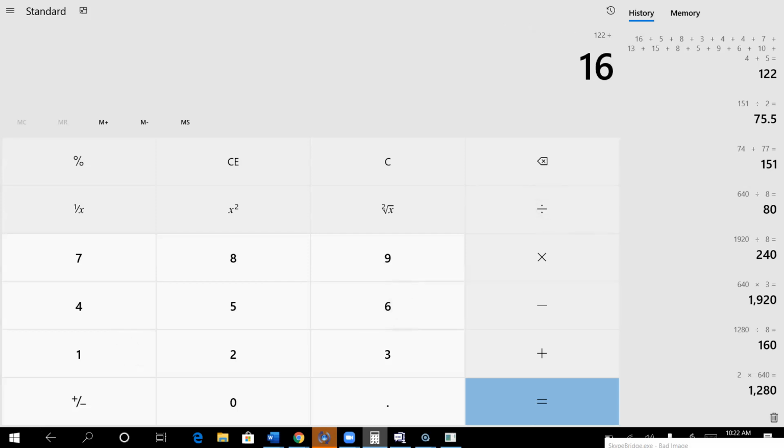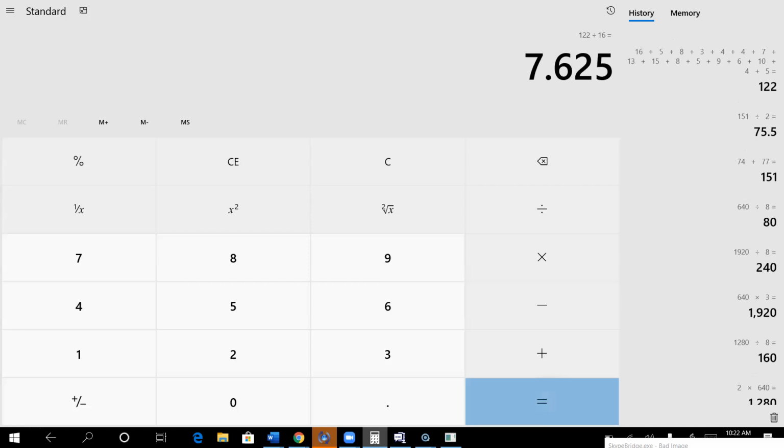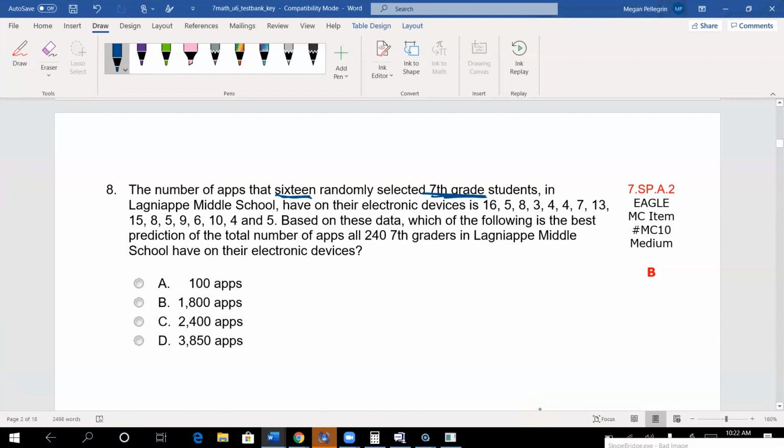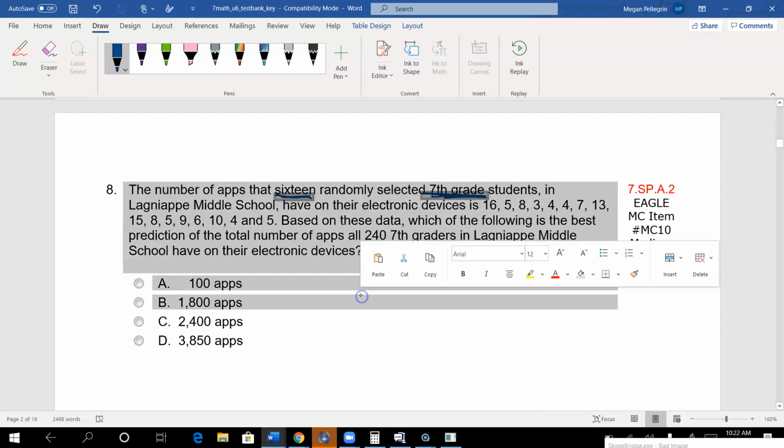So the average number of apps on each student's device was 7.625. So on average, 7.6, I'm just going to round that up to 8.